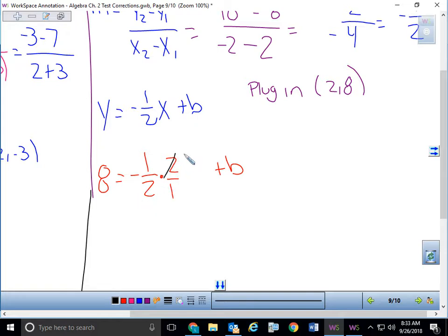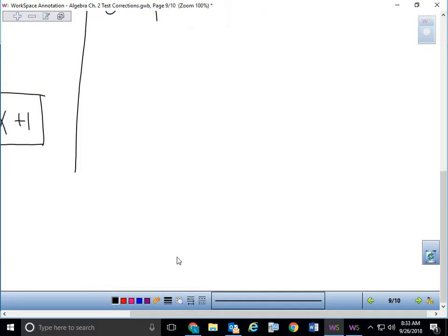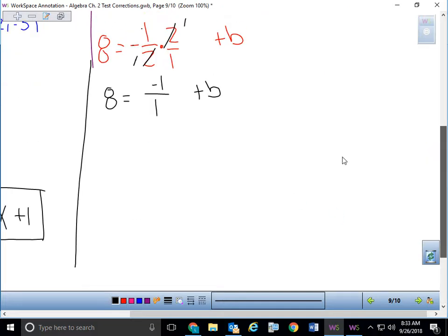These 2's can simplify down to 1. So really it's negative 1 times 1, which is negative 1, and 1 times 1, which is 1, plus b. Negative 1 over 1 is the same thing as just negative 1, plus b. Haven't done anything with 8, so I'm just going to keep rewriting it.